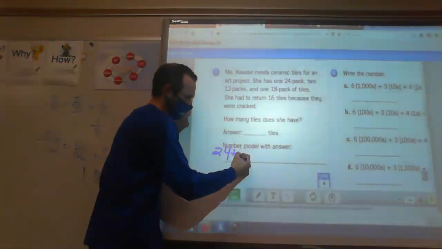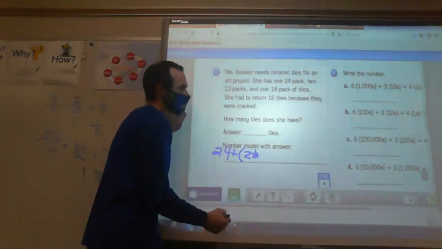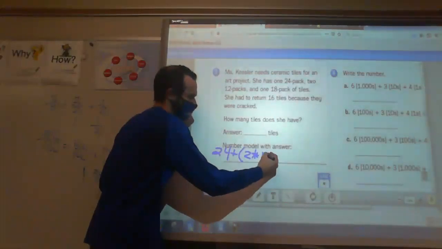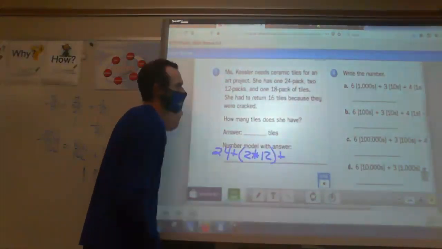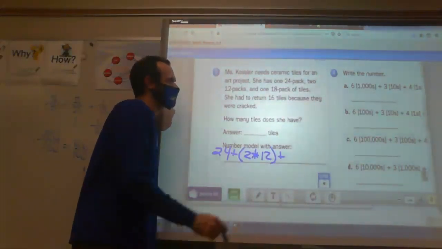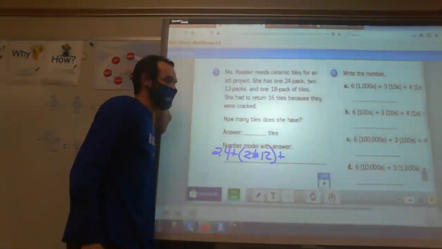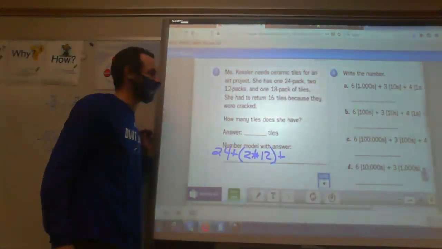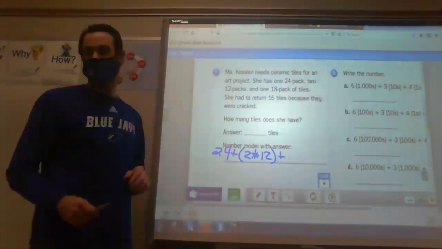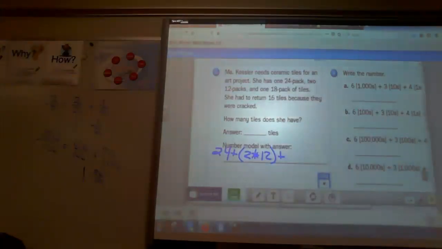That's like plus 2 times 12. 1 pack of 18. Then she returns 16 tiles. What do you have to do with the ones you return? You're going to have to subtract after you do all that adding. Questions, comments, or concerns about that? All right, none on there, huh?